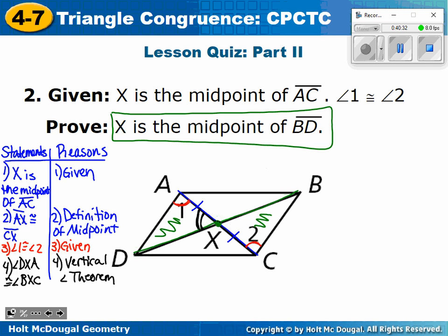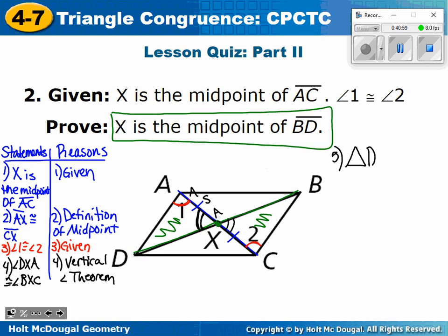Okay, and so now if we mark those 2 angles, what is the way that we now have the left triangle congruent to the right triangle? Okay, so we have angle, and then a side, and then an angle, right? So angle, side, angle. So number 5, we would have triangle. Name them correctly. How would we name them?